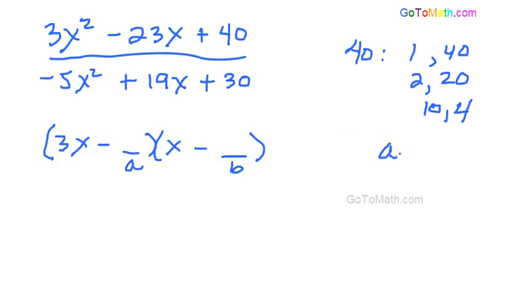So two numbers that multiply together give us 40, and 3 times B plus A is equal to negative 23. Let's take a look.